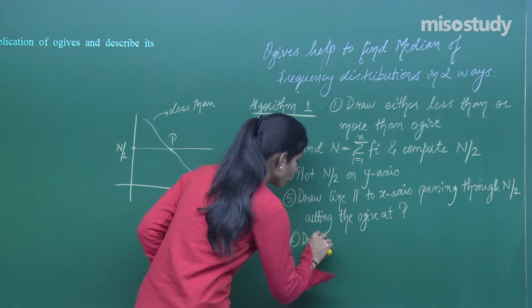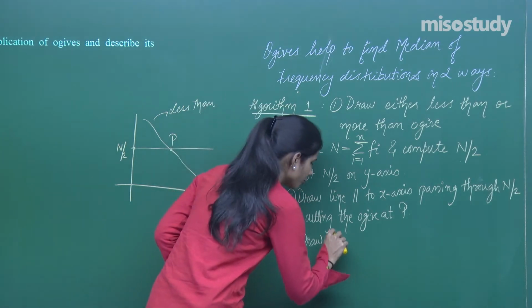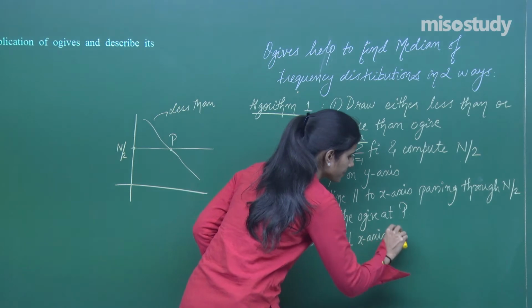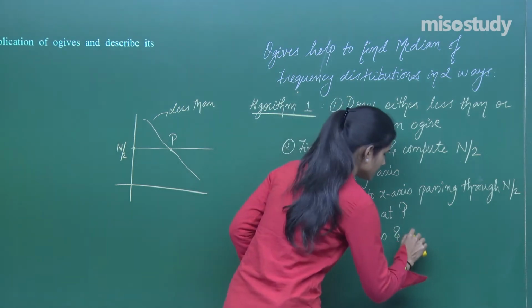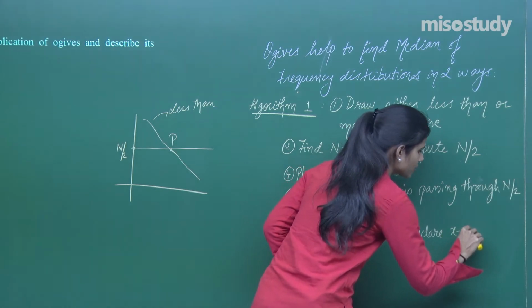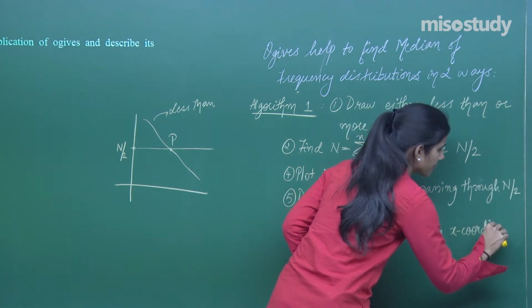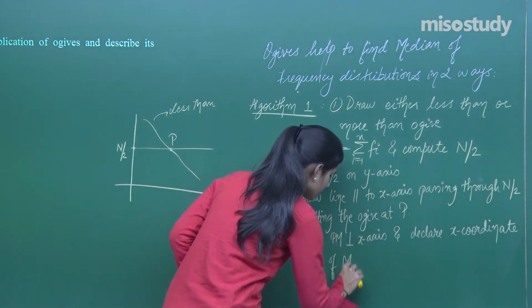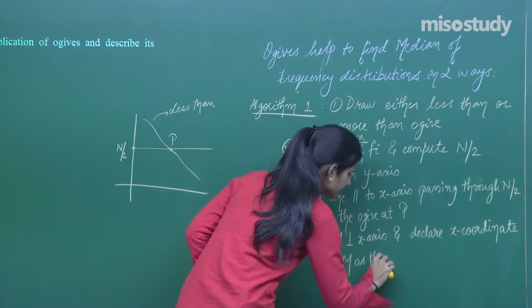After that, once P has been marked, draw PM perpendicular to the x-axis and declare the x-coordinate of M as the median.